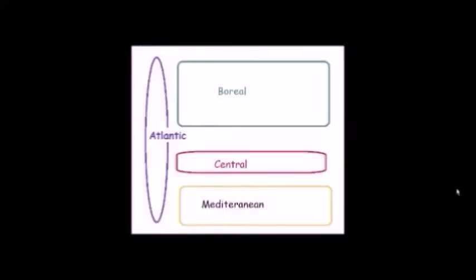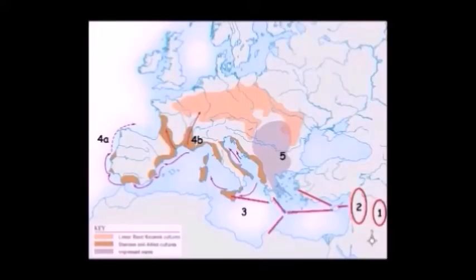So this is where my graphical skills start to break down. From that original picture where the Boreal was up in the north, it's much bigger in Central Europe. So I'm saying at the beginning you've got the Mediterranean zone, and then a much thinner central zone, with all of northern Europe and down towards the centre still being Boreal.